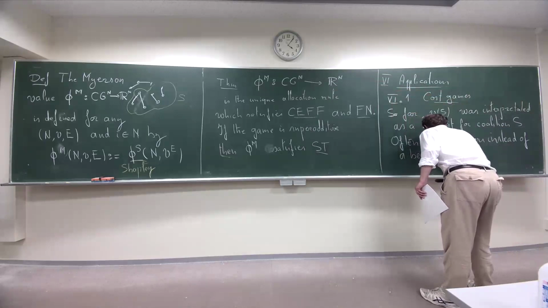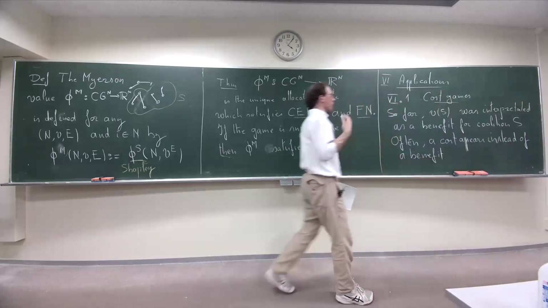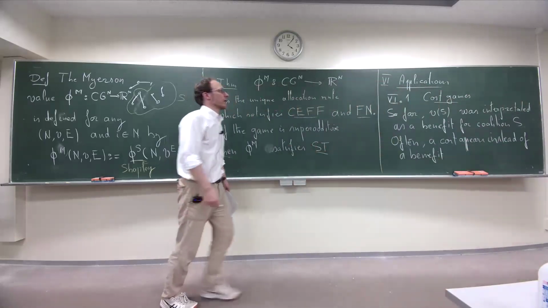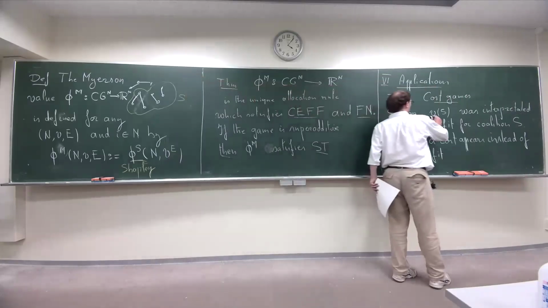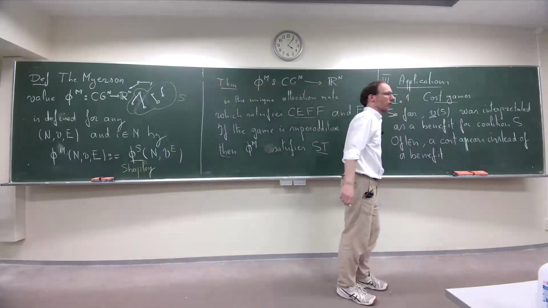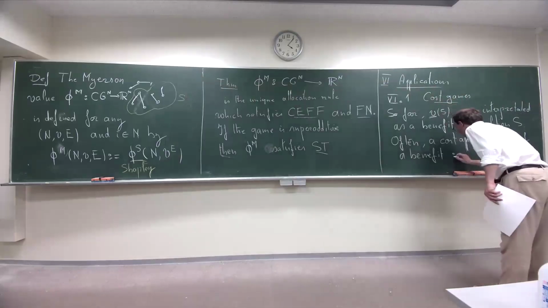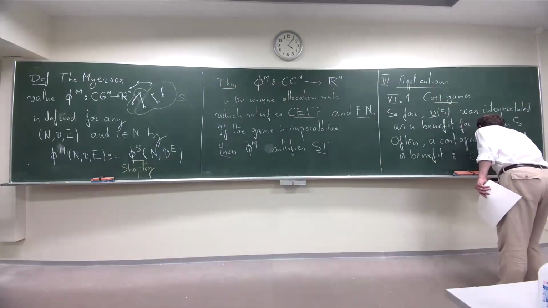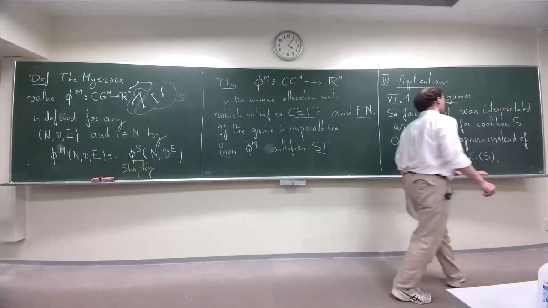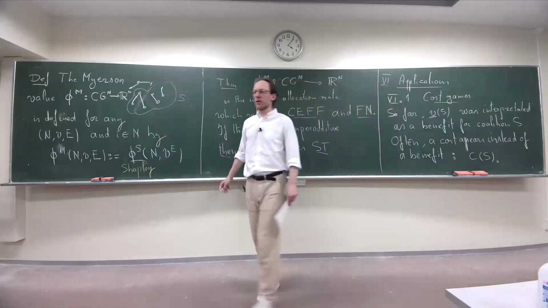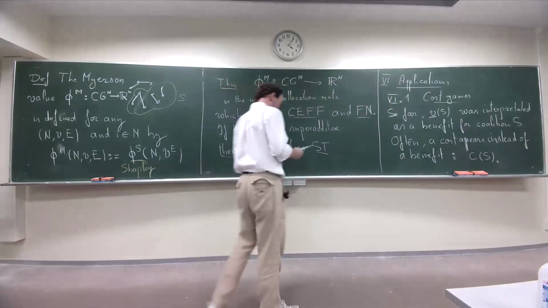It depends what you are going to model. But you have to be careful with the letter you use. So for benefit, I use V. For cost, we will use C of S. C is for the cost for coalition S.